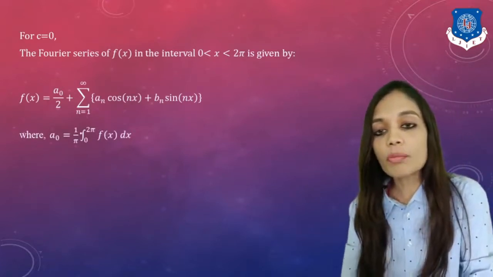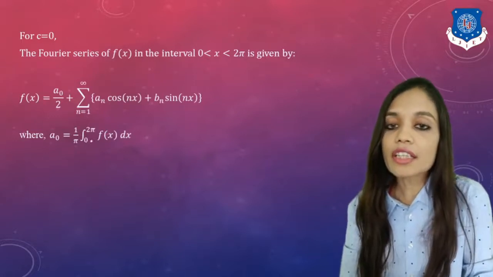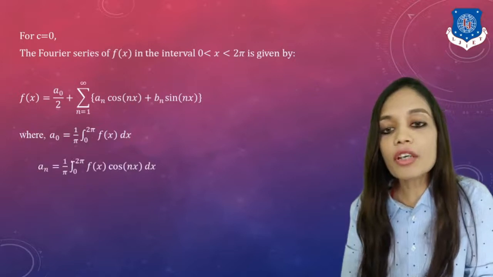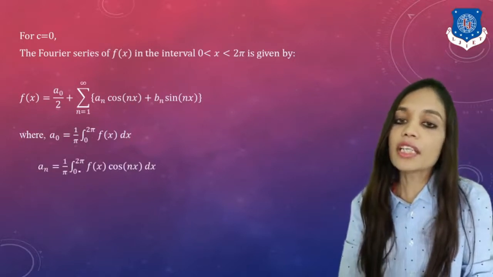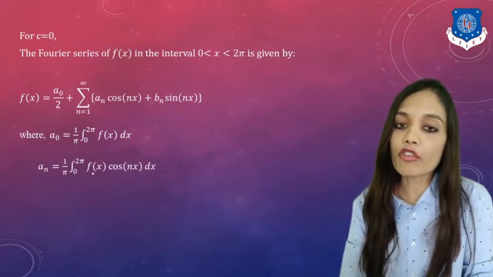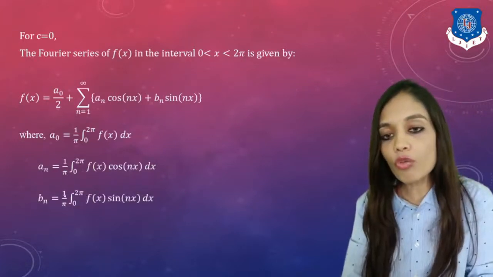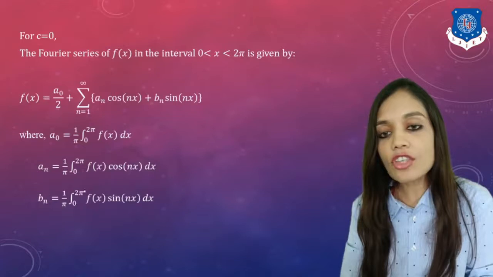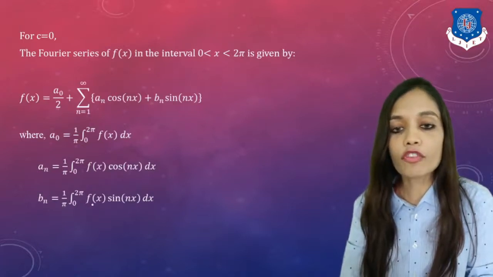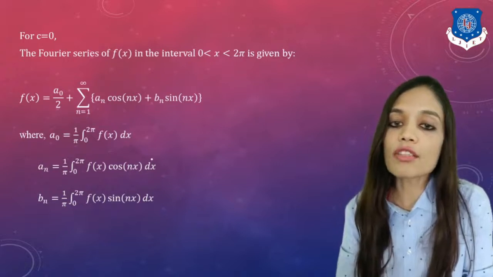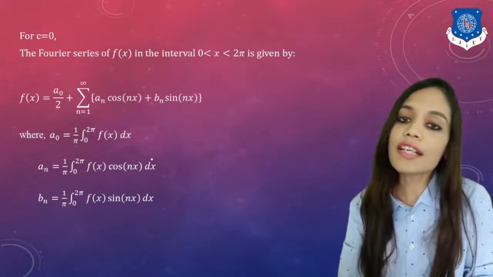So a0 will be 1 upon pi integration 0 to 2 pi f of x dx. an will be equal to 1 upon pi integration 0 to 2 pi f of x cos nx dx. Similarly, bn is equal to 1 upon pi integration 0 to 2 pi f of x sin nx dx. We will frequently use these formulas only to solve our example.